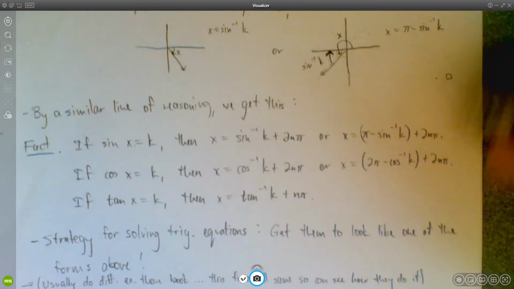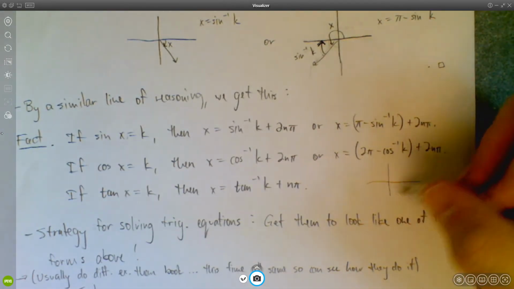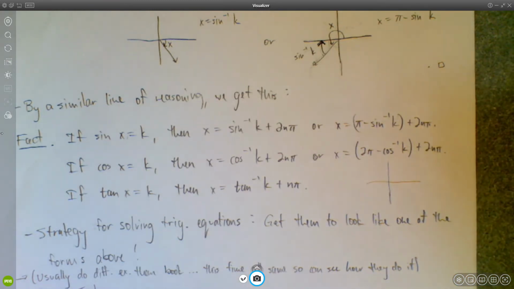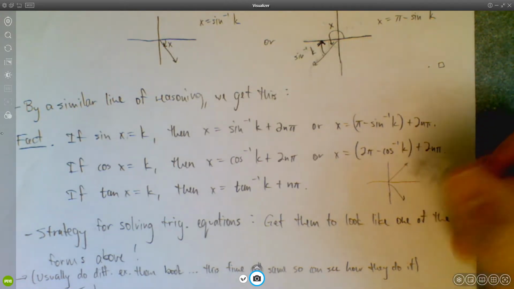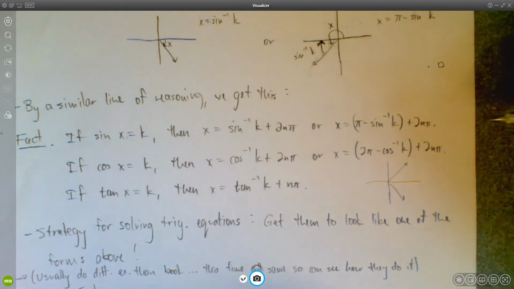And just to draw you a quick sketch as to why that would be true, notice that cosine goes with your x values. If k is positive, then x would be in quadrant 1 or quadrant 4, not quadrant 1 or quadrant 2, because x is positive.